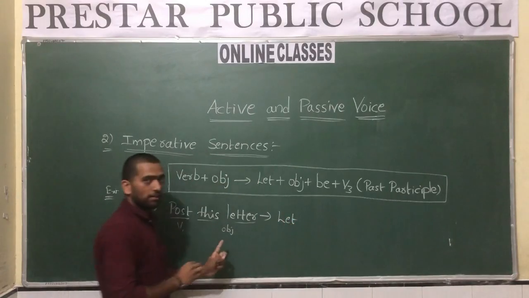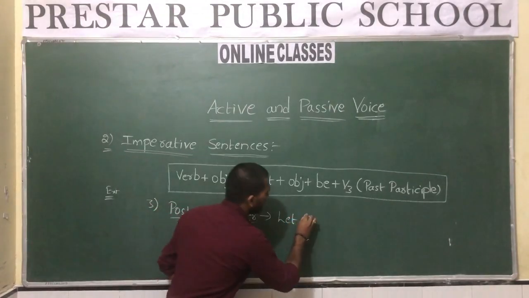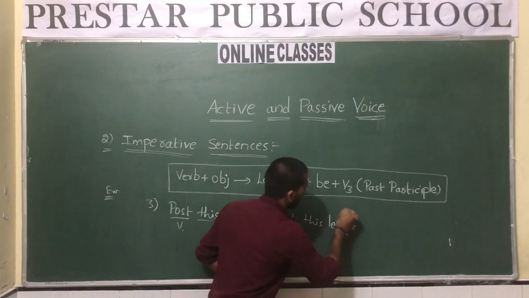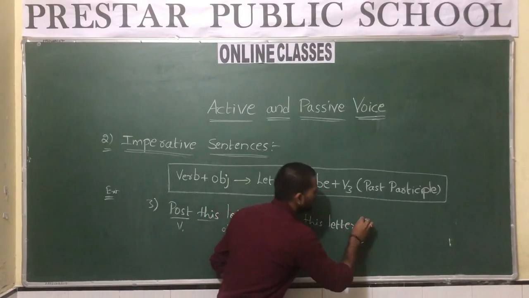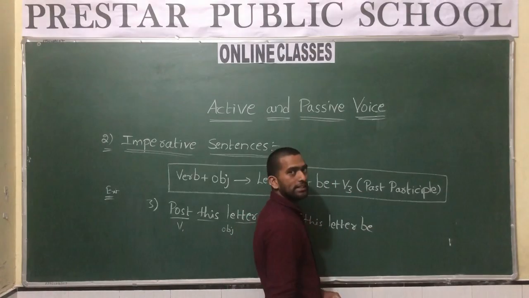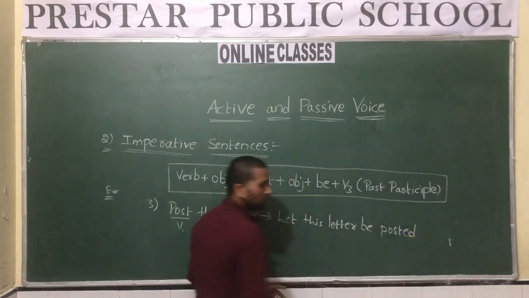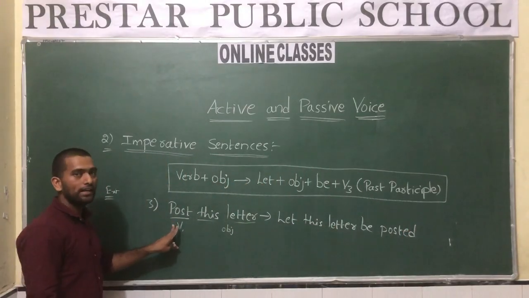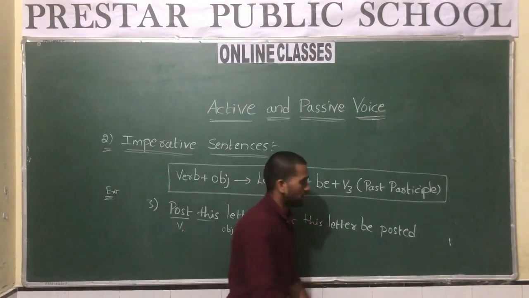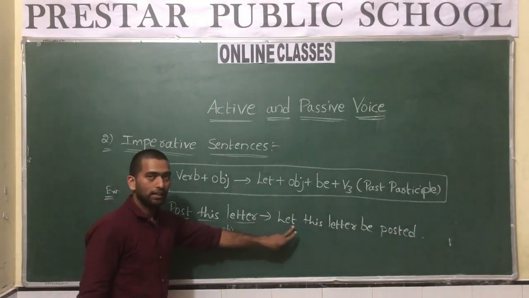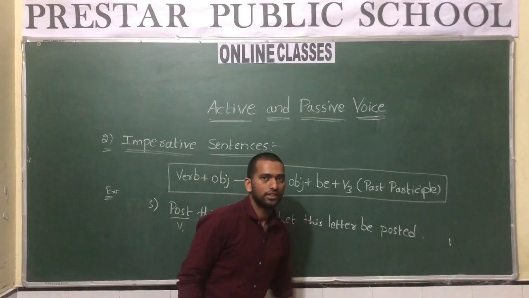Let, what is the object here? This letter. Let this letter be, and what is with here? Posted, because V1 is post and the V3 form of post is posted. So the passive voice for this sentence is let this letter be posted.